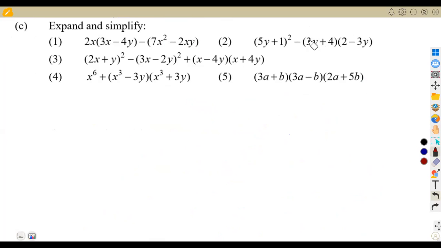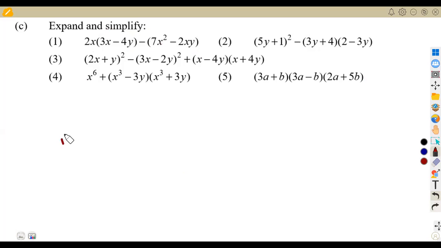If you check maybe the first question, you are supposed to expand this bracket and also expand the other bracket. Then you simplify your terms by collecting the like terms. That is, you are back to addition and subtraction of expressions, where you are adding or subtracting your expressions.